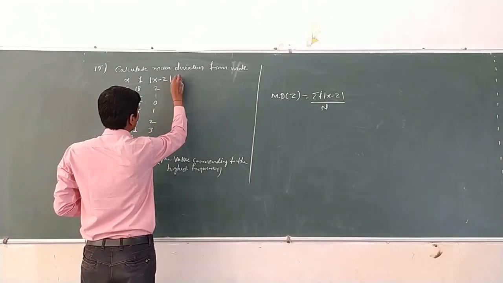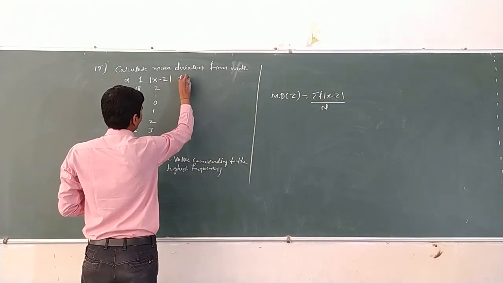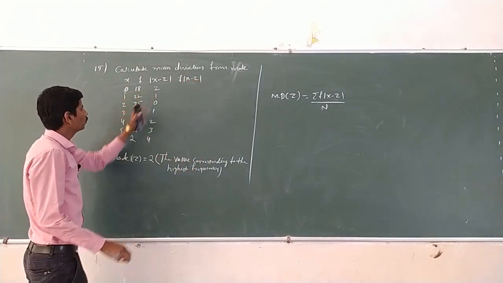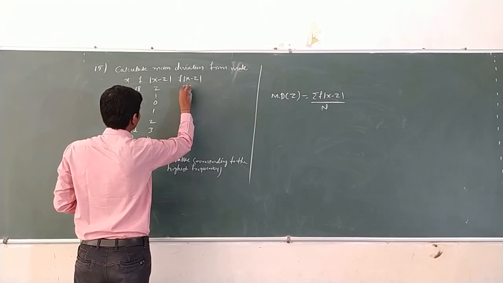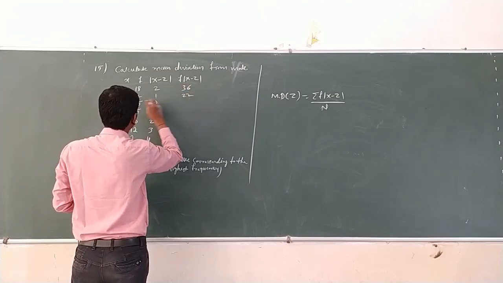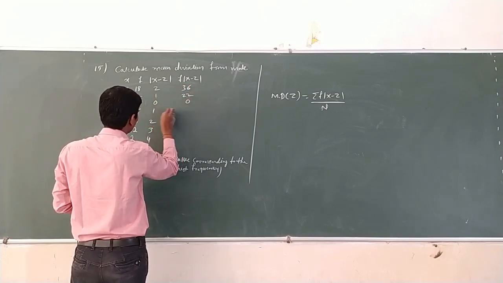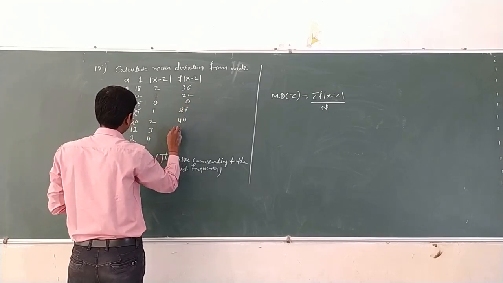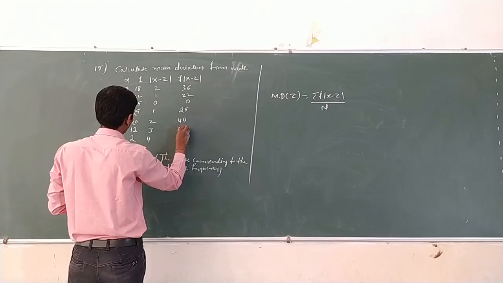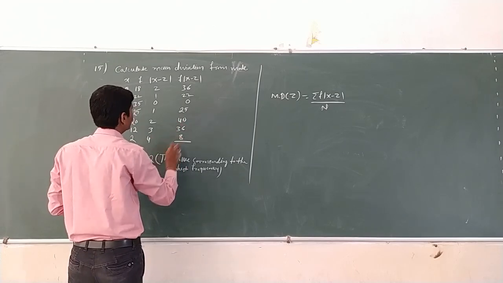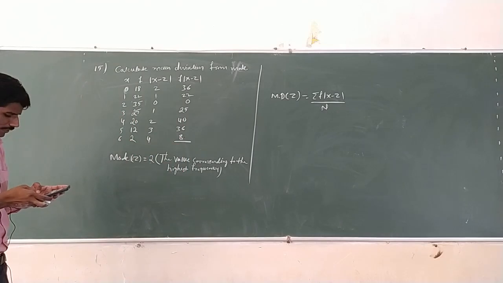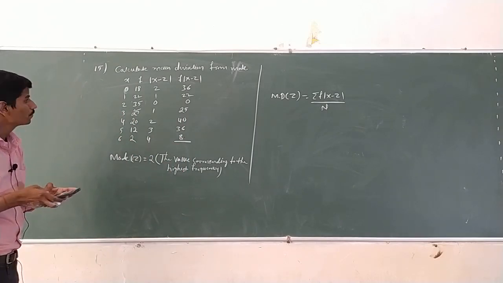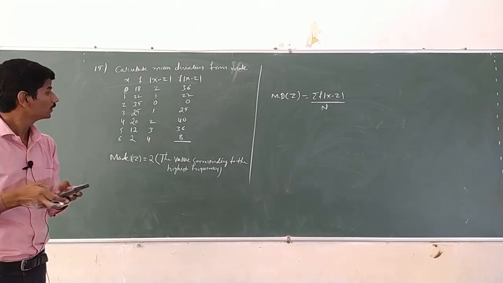The next step is f into mod of x minus z. Here 18 into 2 is 36. 22 into 1 is 22, 35 into 0 is 0, 25 into 1 is 25, 20 into 2 is 40, 12 into 3 is 36, 2 into 4 is 8. Then we want the sum of f into mod of x minus z, that is 36 plus 22 plus 25 plus 40 plus 36 plus 8.